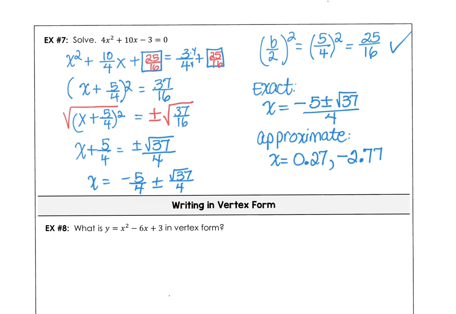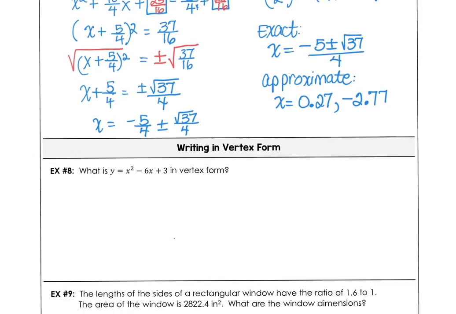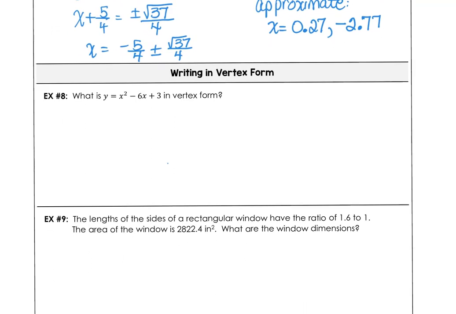In example 8, let's look at writing in vertex form. So completing the square is great for that when you have to graph. You can complete the square and know your h and your k value. So think about example 8.